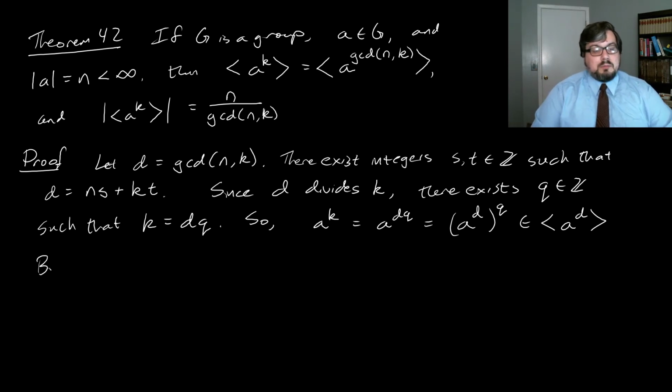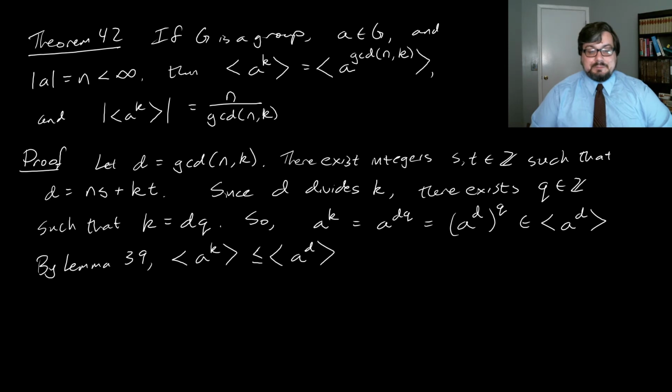And now, by Lemma 39, that means that the cyclic subgroup generated by a to the k has to be a subgroup of the cyclic subgroup generated by a to the d. So that gives us half of what we're looking for. We're trying to prove that these two cyclic subgroups are equal. What we've shown is that the subgroup generated by a to the k is a subgroup of the subgroup generated by a to the d.